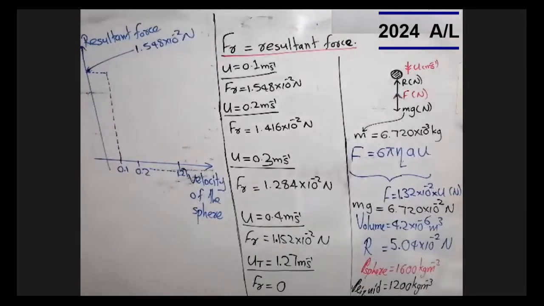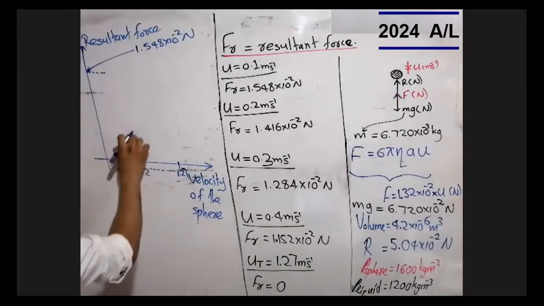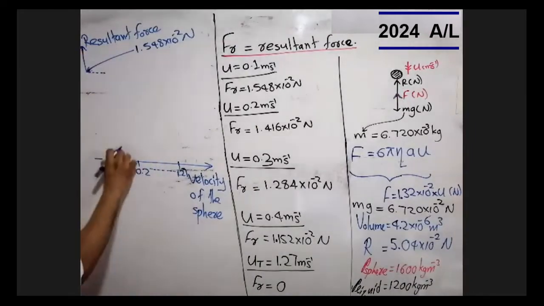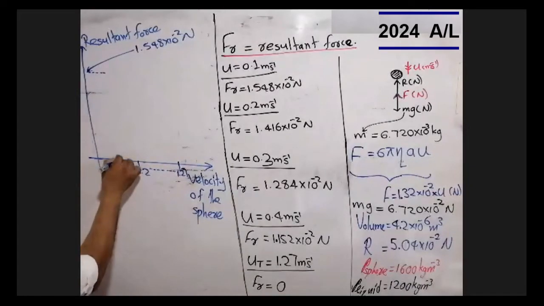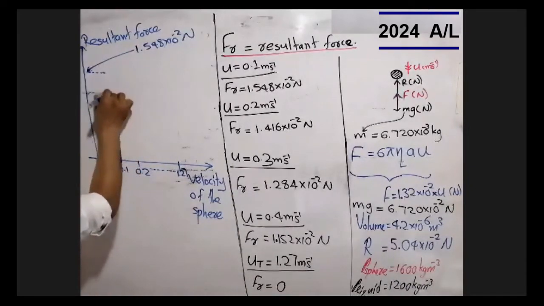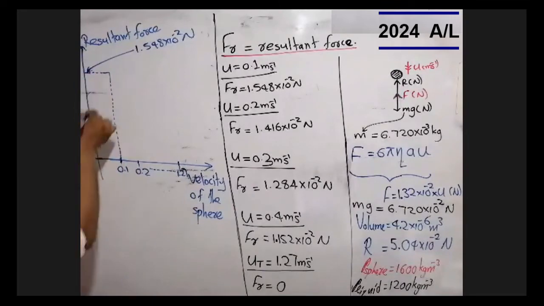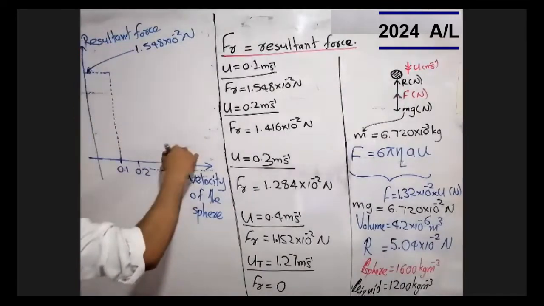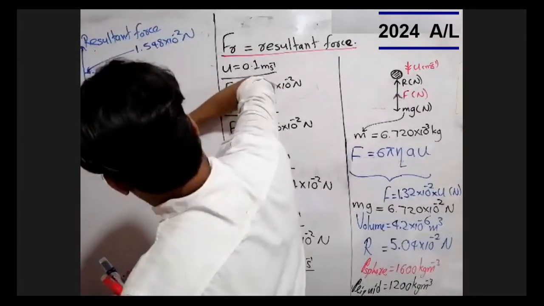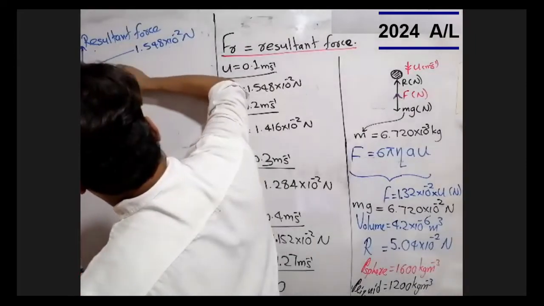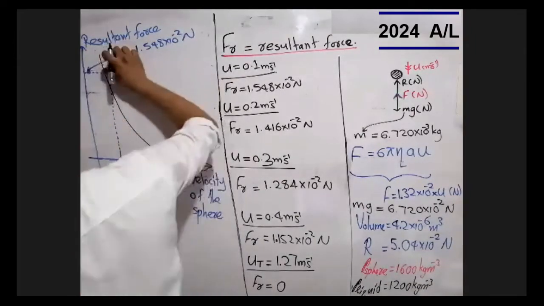So we draw this graph. The shape of this graph will be a curve, something like this.